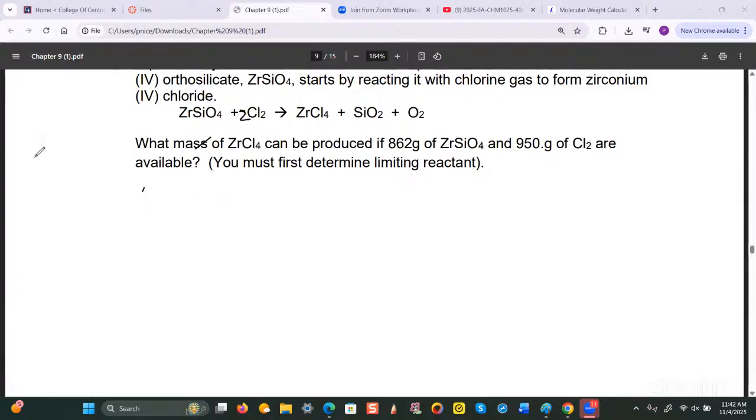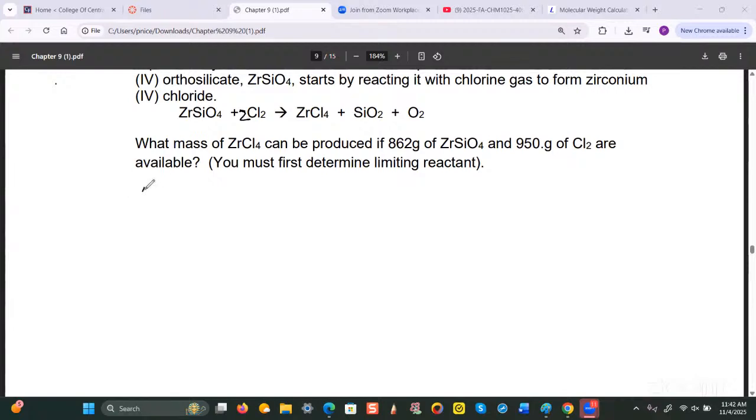All right, very good. So the next question is, well, let's see what the question is actually asking. It says, what mass of zirconium 4 chloride can be produced if 862 grams of, now to be honest, I don't know what the name of this compound is, and 950 grams of chlorine are available.